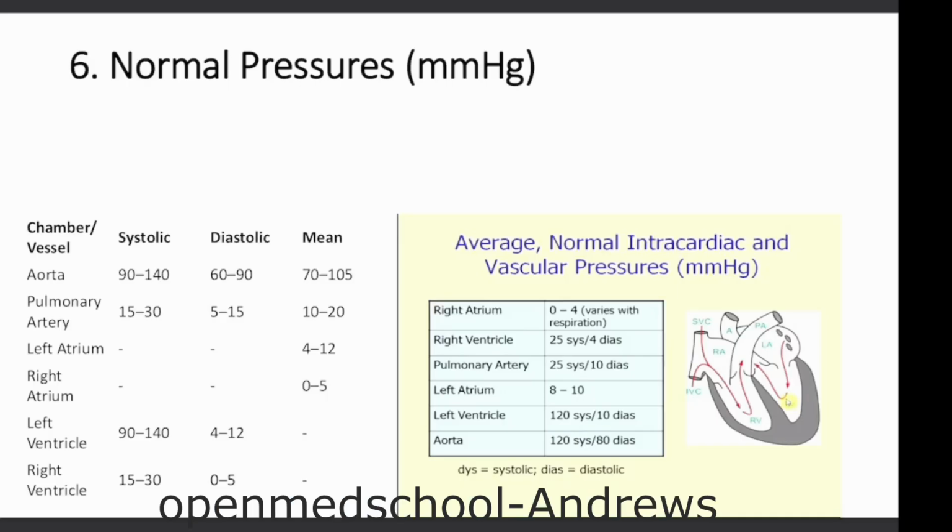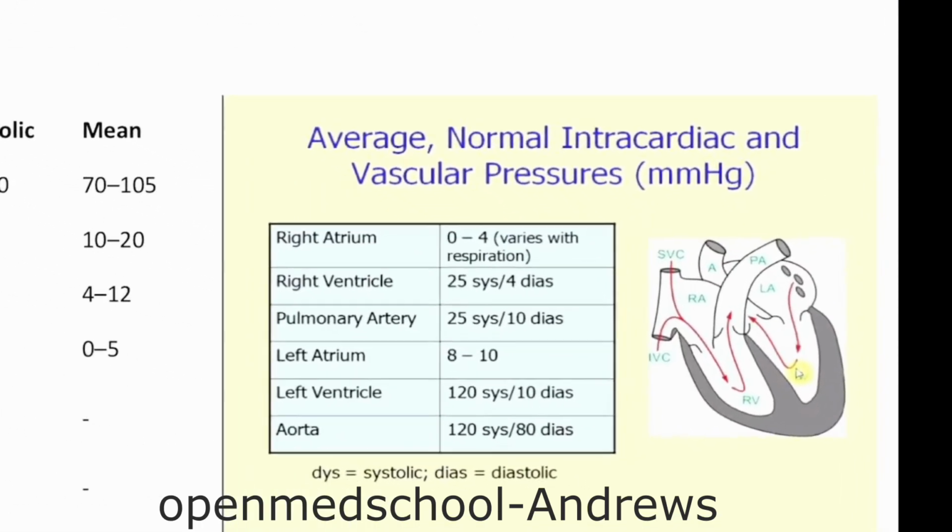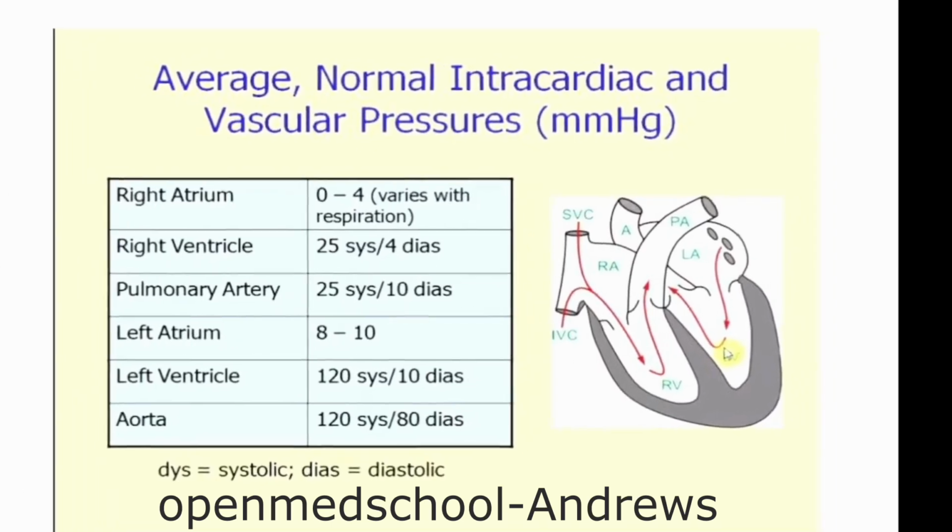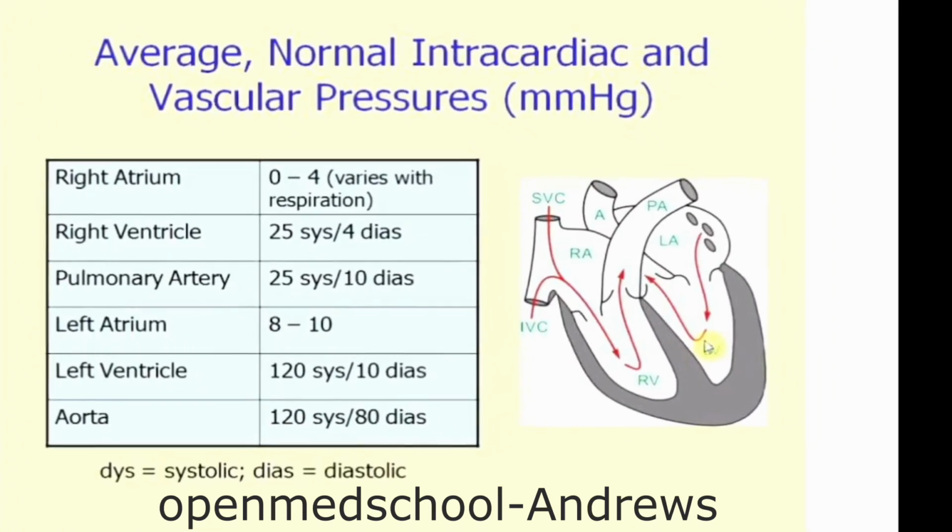Now the basics of the physiology, that is, the normal pressures in the chambers. In various books there are differences in the values, but a simplified and easy way to remember: the right atrial pressure is 0 to 4. So remember 0 to 4, and it varies with respiration.